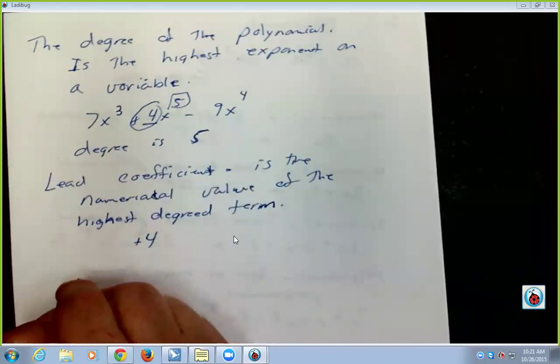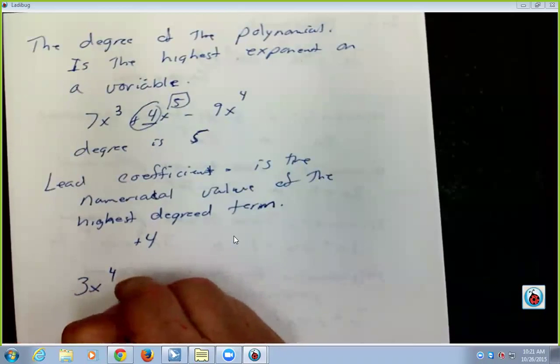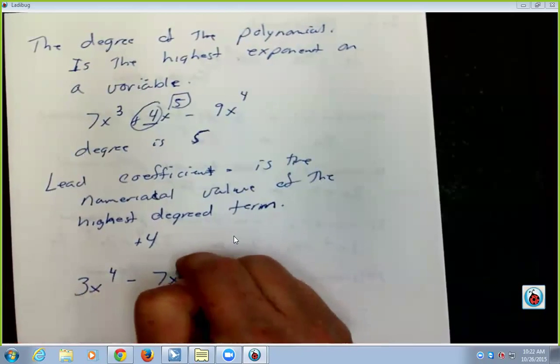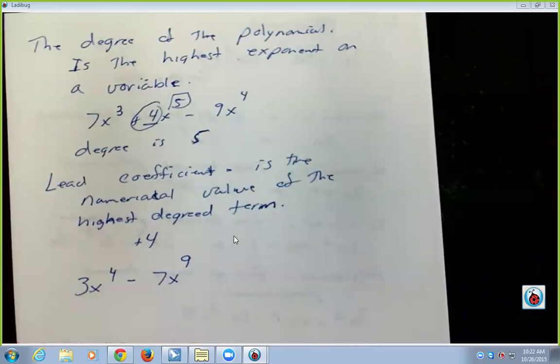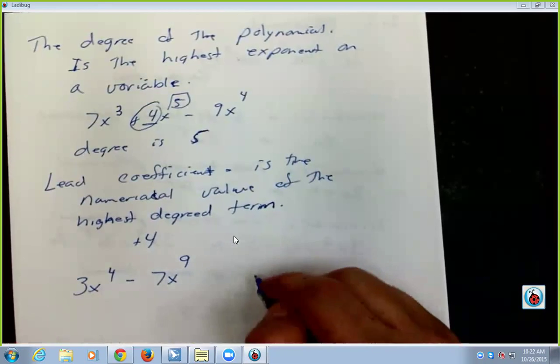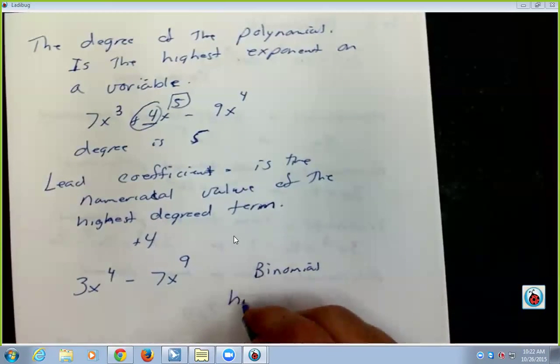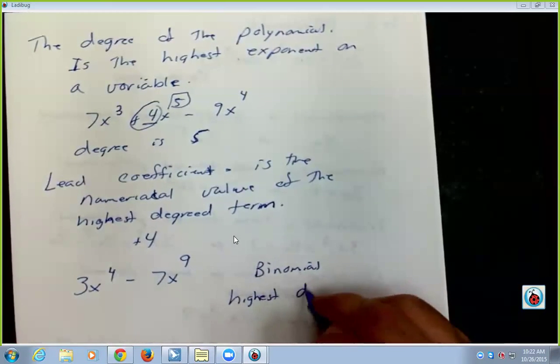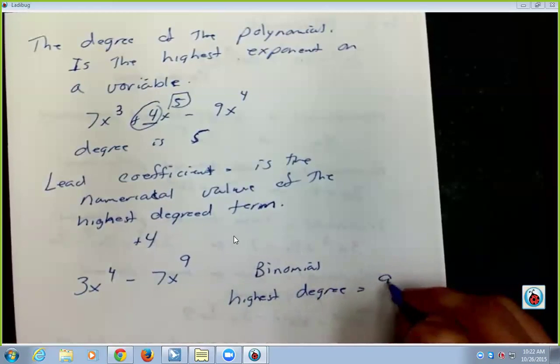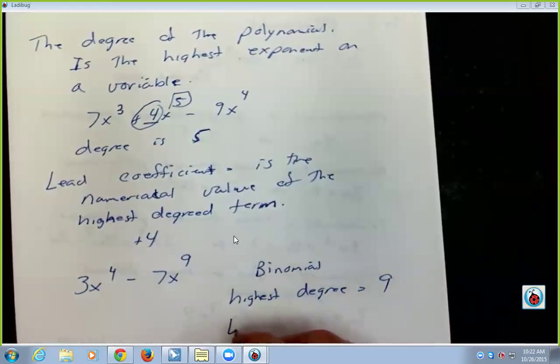So here's another one. We had 3x to the 4th minus 7x to the 9th. And so we could ask you, what kind of polynomial is this? So what kind of polynomial is it? 2 terms, it's a binomial. What is its highest degree? And what is its lead coefficient?